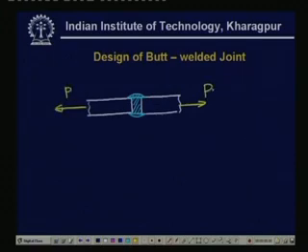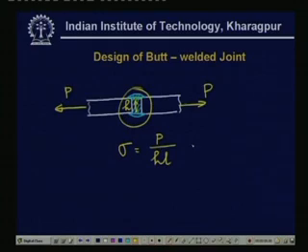Definitely the maximum value of P will be governed by the tensile strength of this joint member. So, the tensile stress, sigma, is equal to P divided by the cross section area, which is H times the length of the plate, L, and that must be less than or equal to sigma allowable.